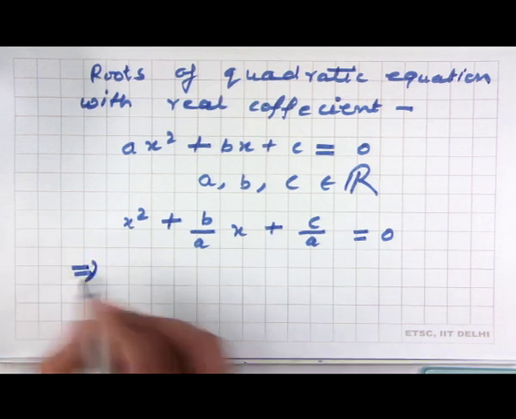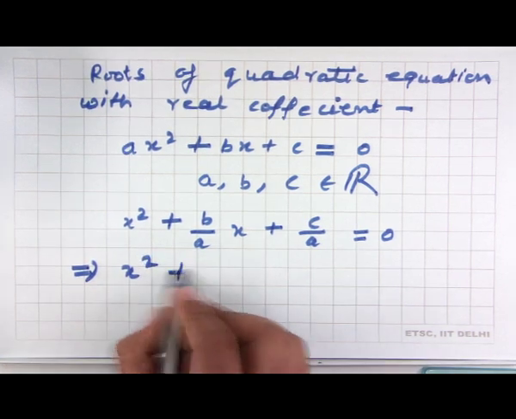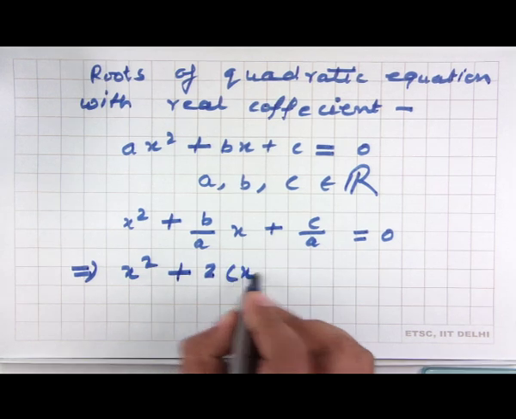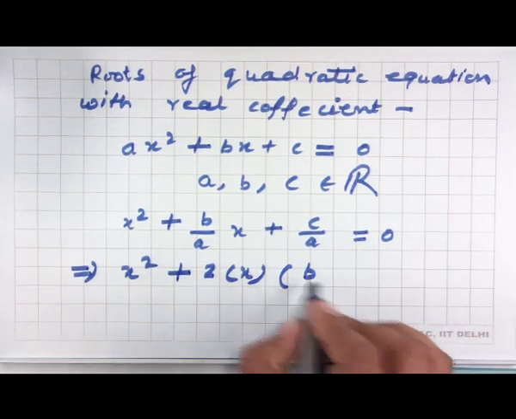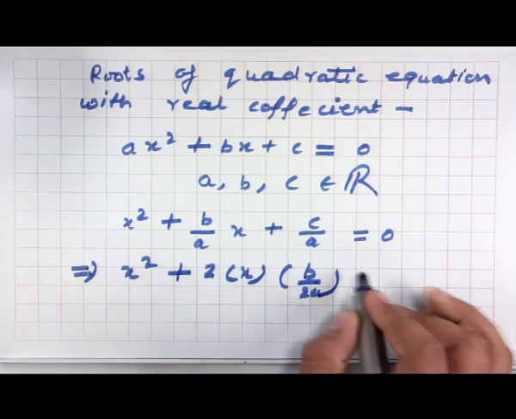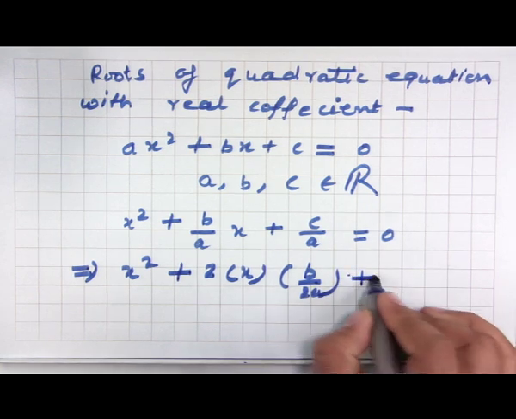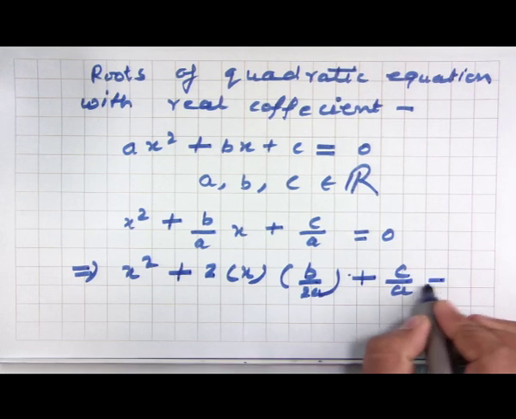It can be written as x square plus 2 times x times b upon 2a plus c upon a equal to 0.